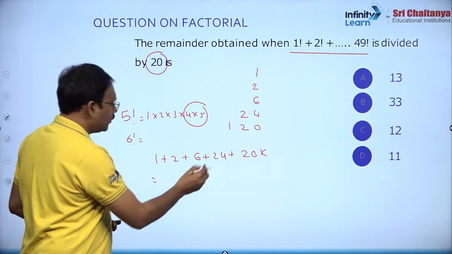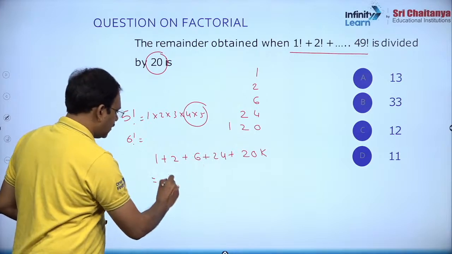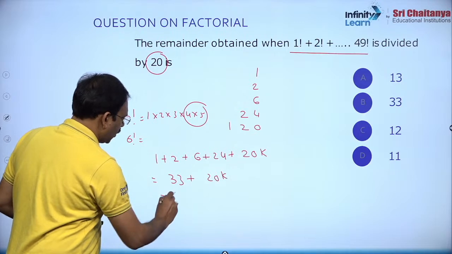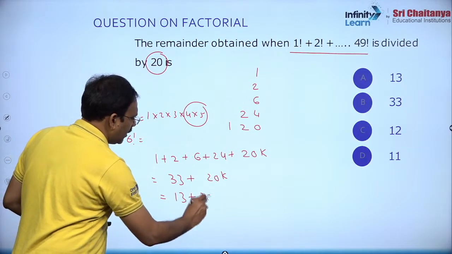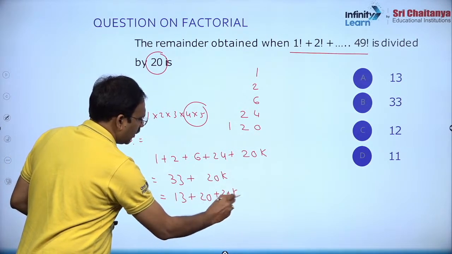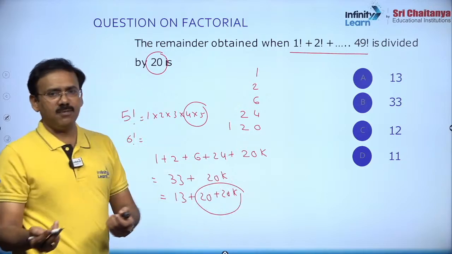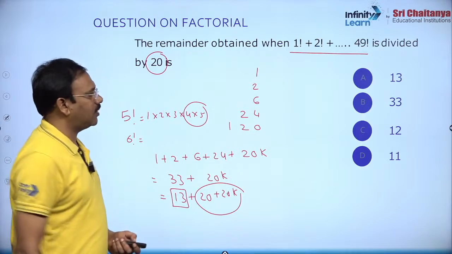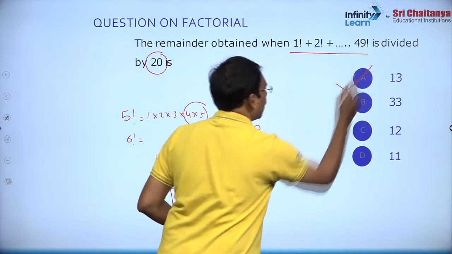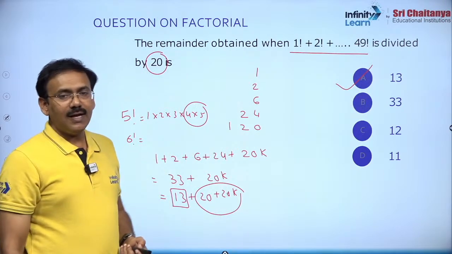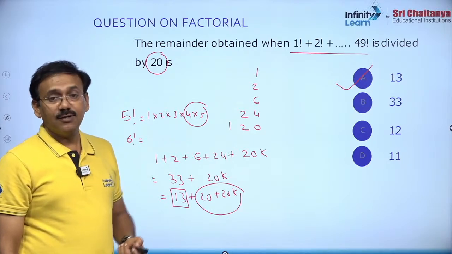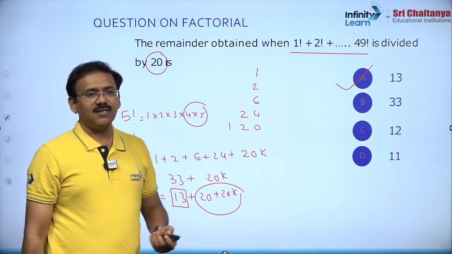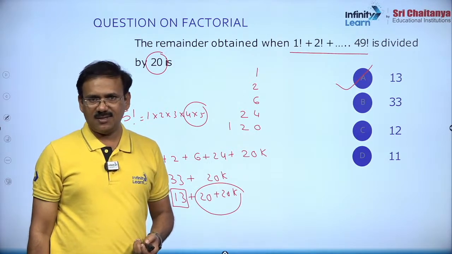So now you just add these: 33 plus 20 multiple. Here also you can separate: 13 plus 20 plus 20k. Up to here it is divisible by 20 and hence the remainder is going to be 13, my dear friends. So in certain exams, like you see NDA exam is there on September 3rd, you can expect this kind of questions, we have also seen, dear students.